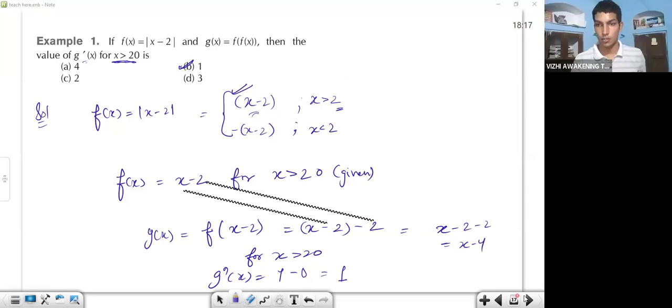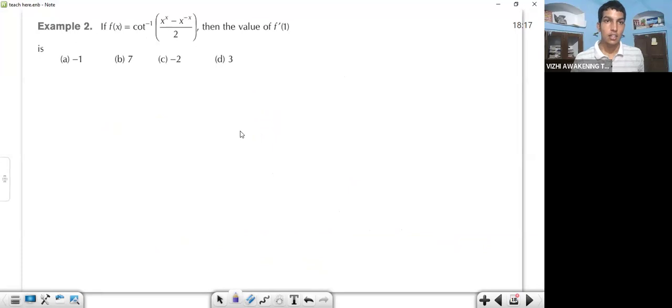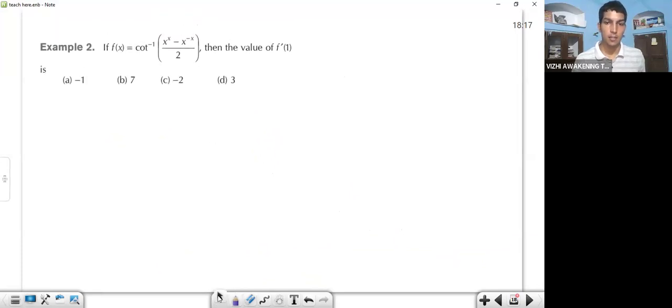Okay, so let's move on to the next example, which is an example of an inverse trigonometric function. In this question, we are given a function and we have to find the derivative of the function. First we will find f dash of x, and then we will substitute x equals 1, which is given in the question, for which we have to find the value.